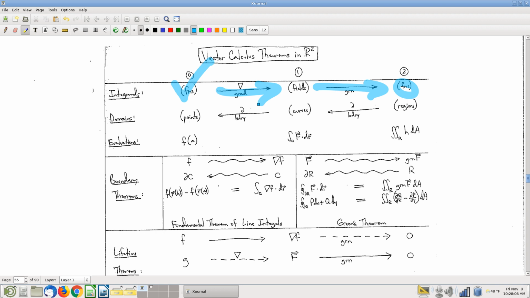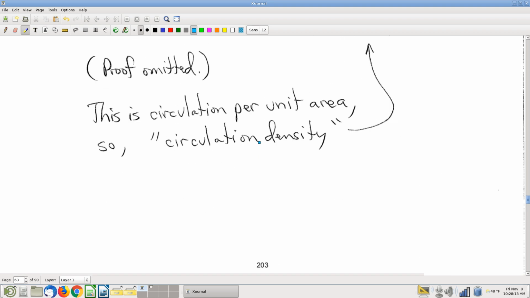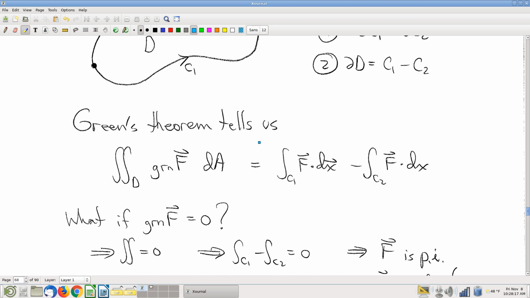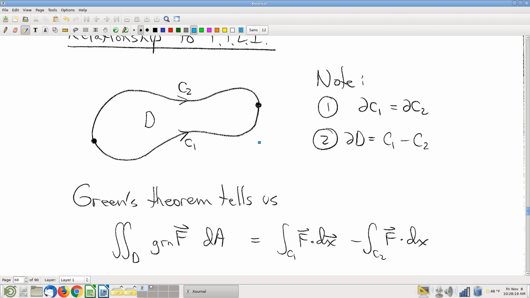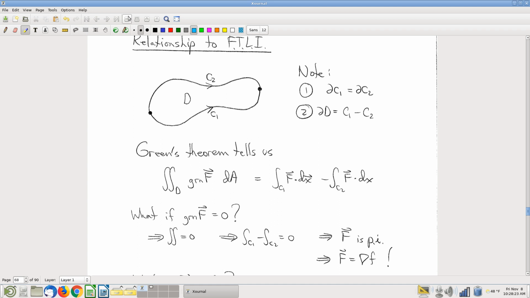And now we have a geometric sense, from a certain point of view, for why that really should be true. Green's operator being 0 means that you're a gradient of something because of this picture and what Green's theorem tells us.